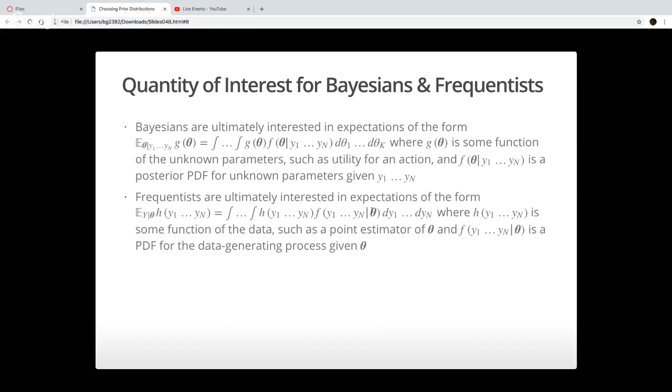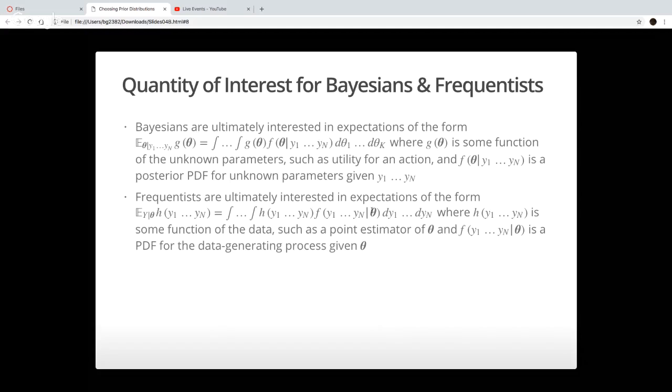Because in one case, you're integrating over theta, and in the other case, you're integrating over y. In one case, you're weighting with the conditional distribution of the unknown parameters theta given the known data. In the other case, you're weighting with the conditional distribution of the data given the parameters theta.